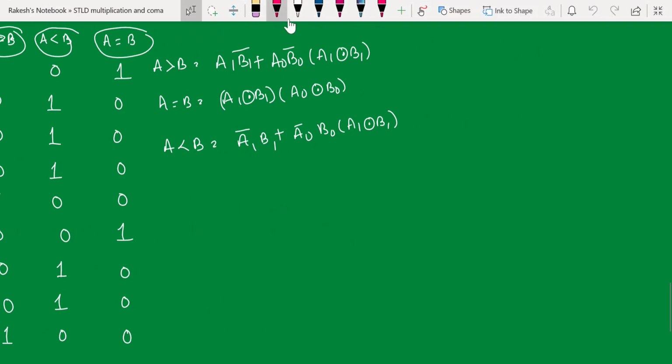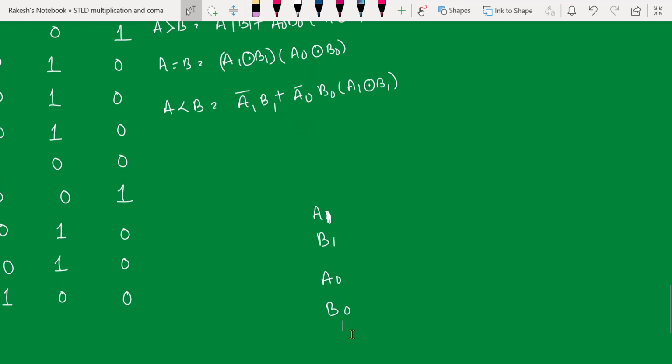So if I draw the circuit, I'm going to have my A1 B1 first, then A0 and B0 next. So I'm going to use one XNOR gate first to check whether A1 and B1 bits are same or not.